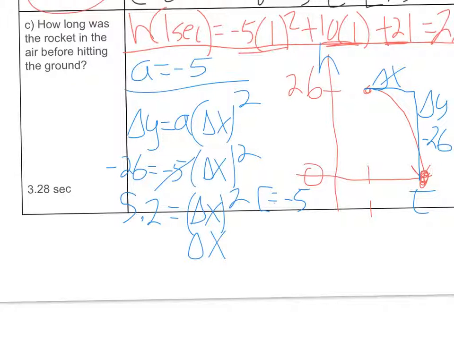So then delta x is the square root of 5.2. And the square root of 5.2 is 2.28.